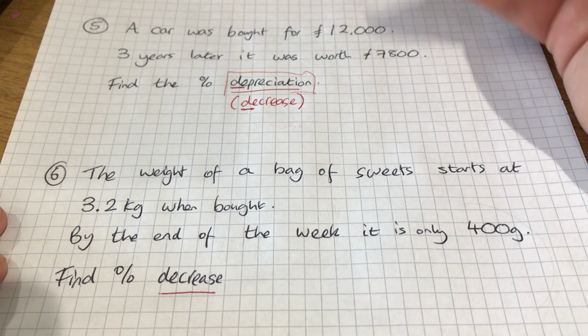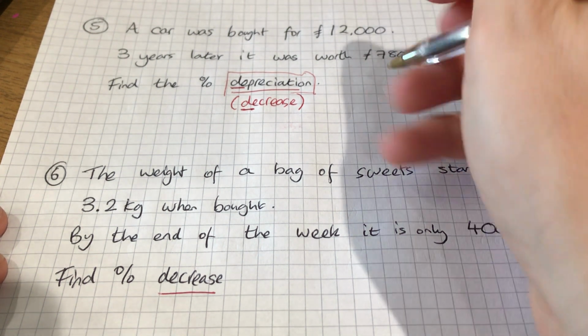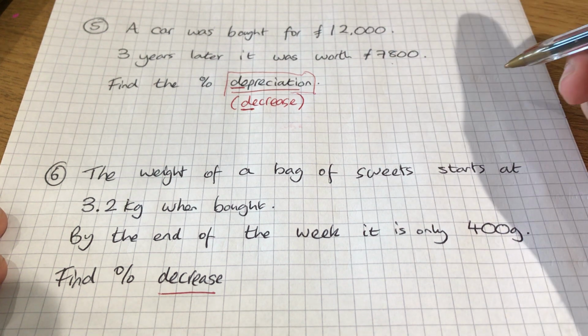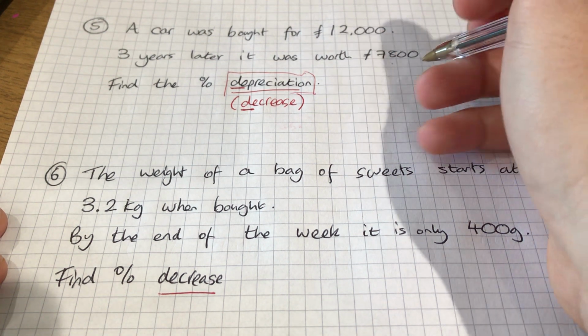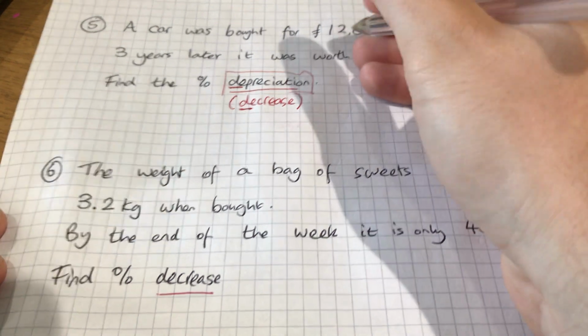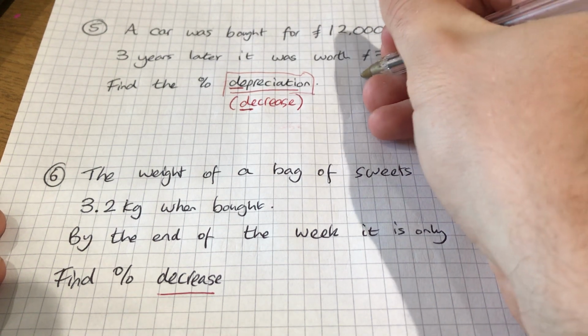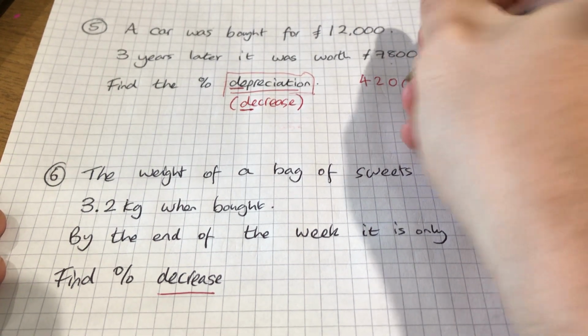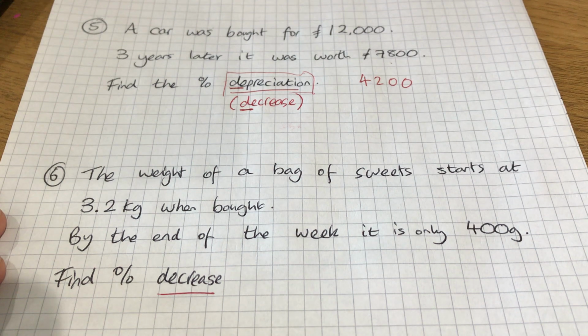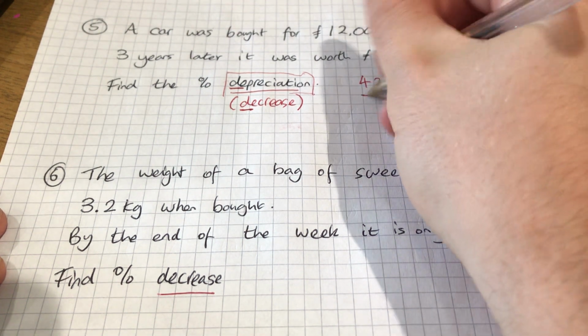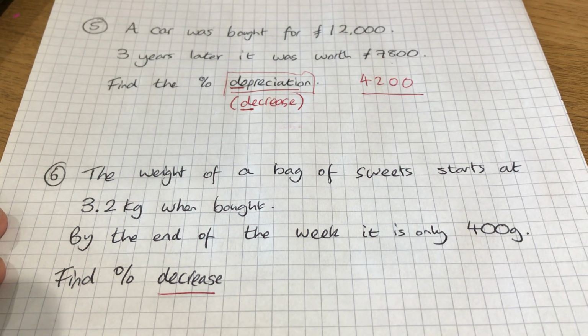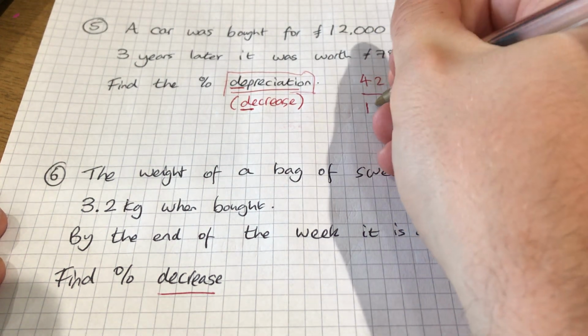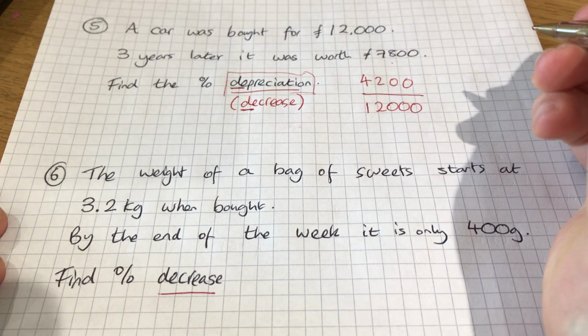Okay, car was bought for 12,000. 3 years later, it was worth 7,800. Find the percentage decrease. It's gone down £4,200. Okay. The original amount is 12,000.